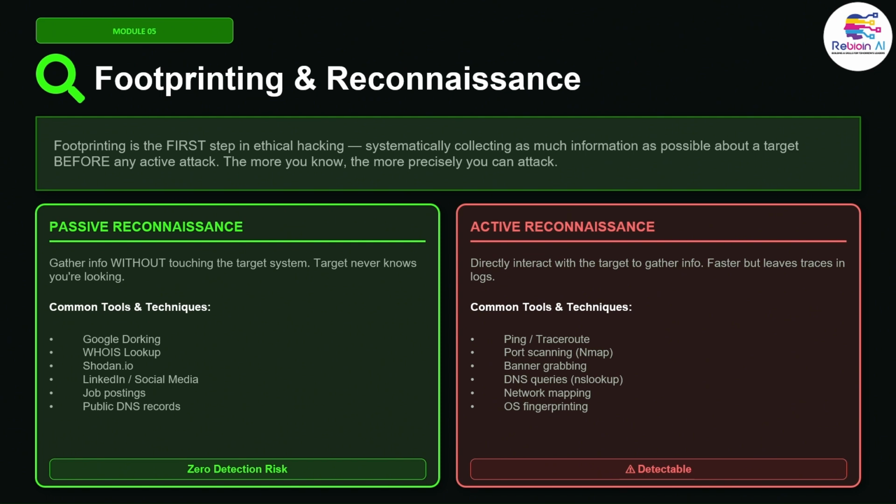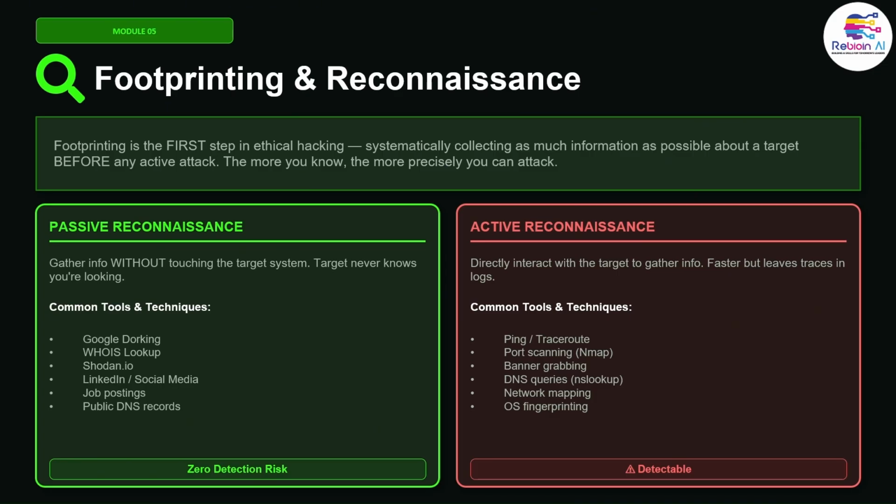I would like to repeat the sentence. Passive reconnaissance means you gather information without ever directly touching the target system. The target has no idea you are using publicly available sources, things anyone could look at.